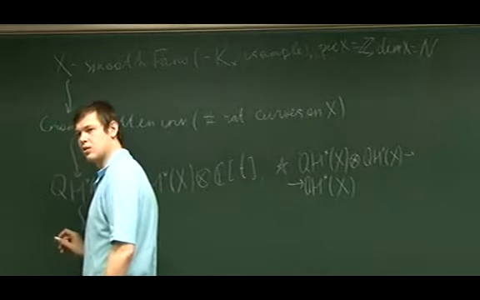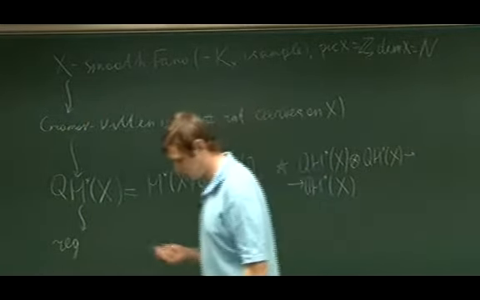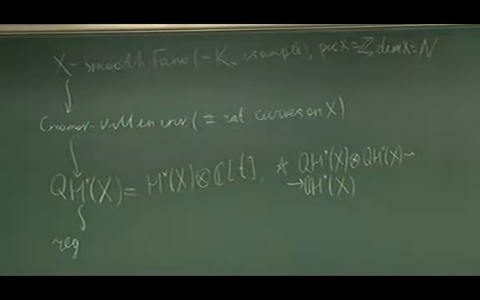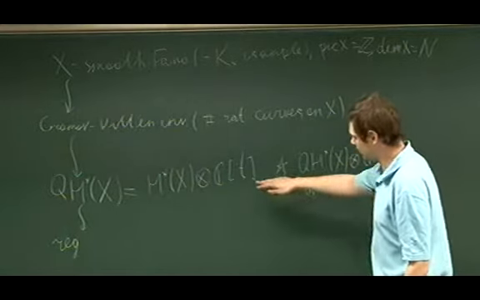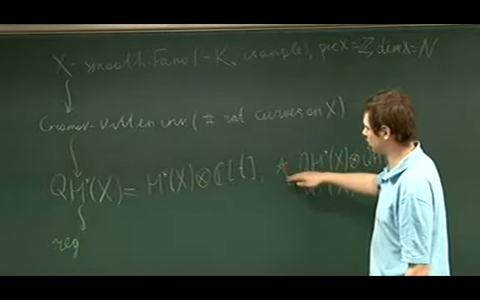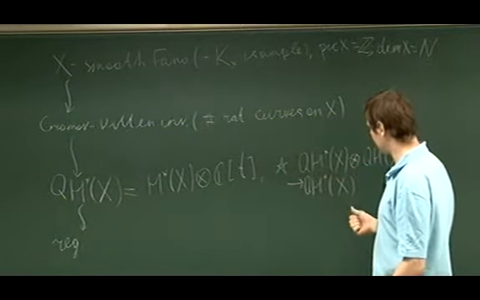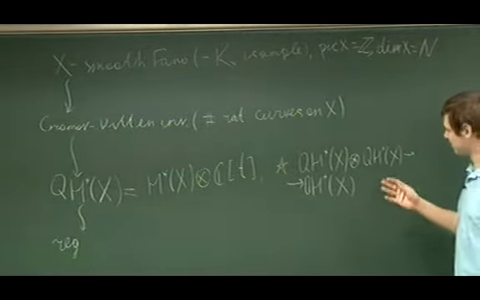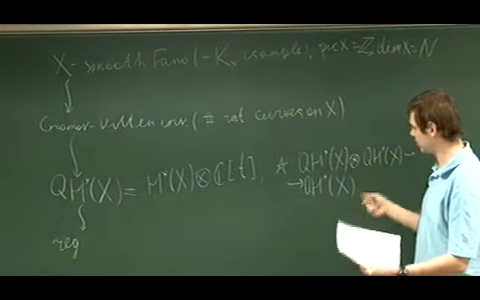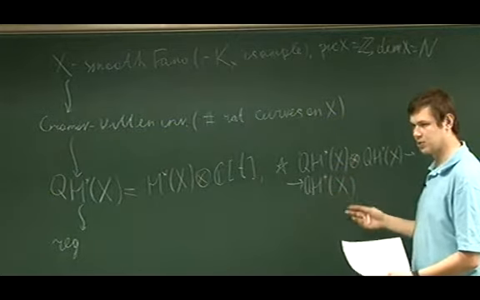You can define it as you want, but polynomials are enough, because this quantum multiplication is just a formal deformation with structure constants being these Gromov-Witten invariants. I haven't given you a precise definition, but anyway, when you multiply something, you get a polynomial, not a power series, for a Fano variety.